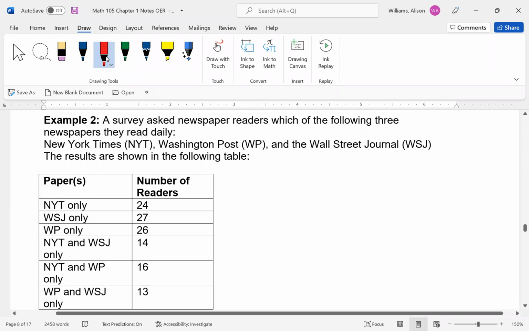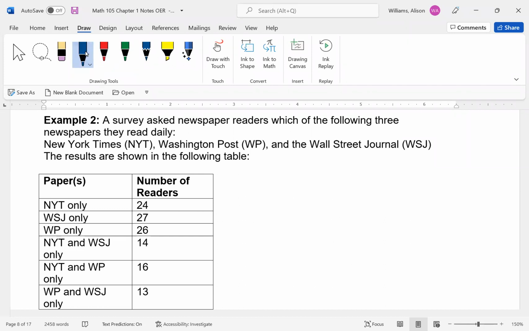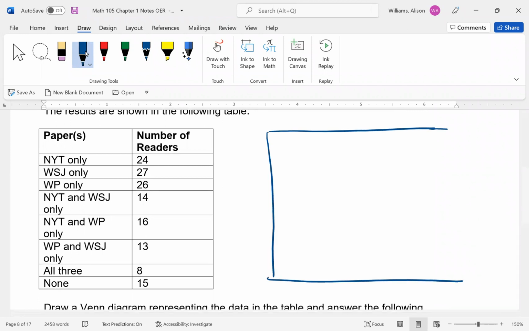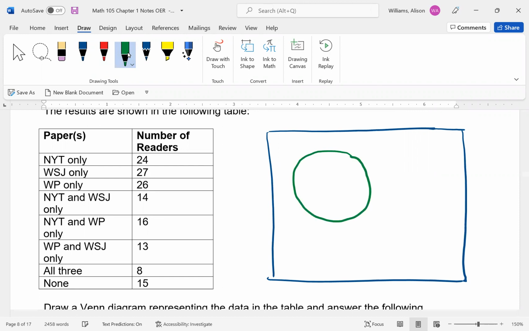Okay, so let's use a Venn diagram to represent some complicated information here. So we have newspaper readers. They read the newspaper. And we're asking which ones they read daily. We're going to consider 3: New York Times, Washington Post, or Wall Street Journal. So as a Venn diagram, go ahead and draw this over here. Draw my big rectangle. I'm going to give myself some space. What I actually have this time are 3 circles with possible overlaps.